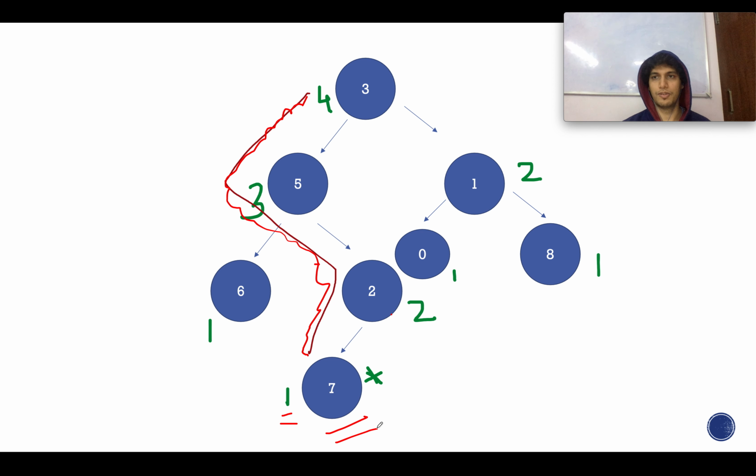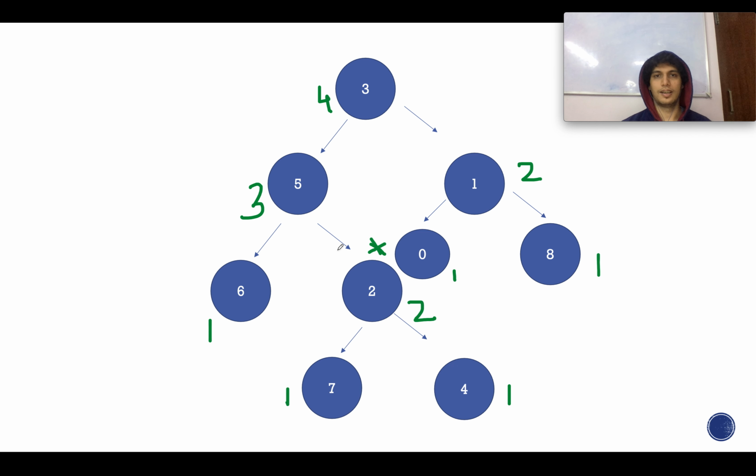Moving on to the next example, which is exactly the same as what was specified in the question. Let's identify the depth of the complete tree and the path of maximum depth. The path of maximum depth is this.